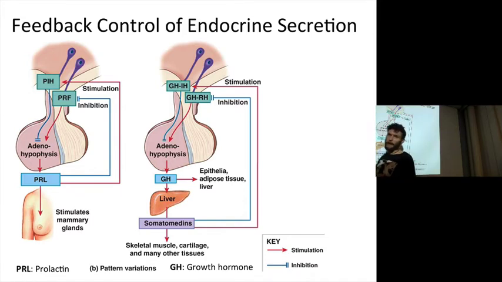You get that? So there's a variation on the pattern. They don't need this intermediary step because there's only one target tissue that prolactin is heading towards. It's not going to have an effect on any other tissue in the body besides its inhibitory effect on its own production in the hypothalamus.